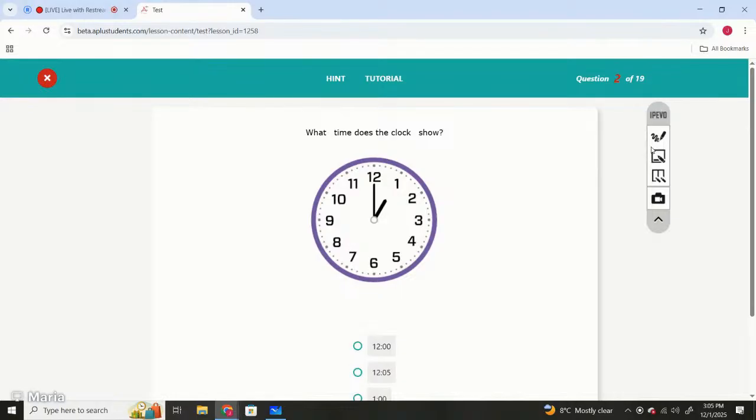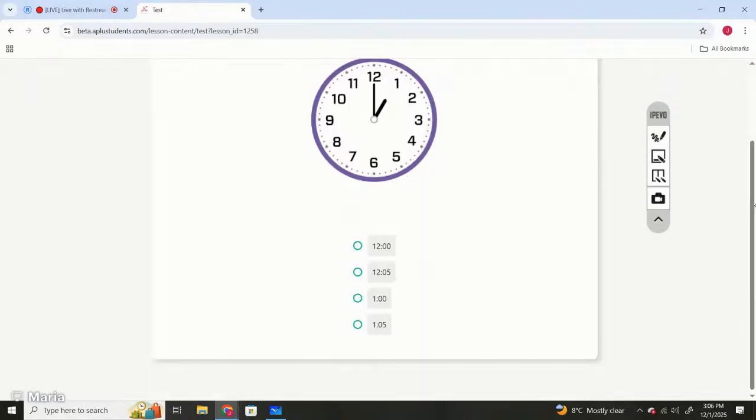So, which is the correct option? That is 1 o'clock. Option number 3 is the correct option.